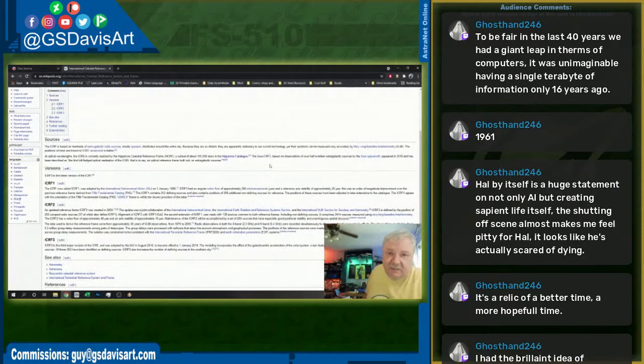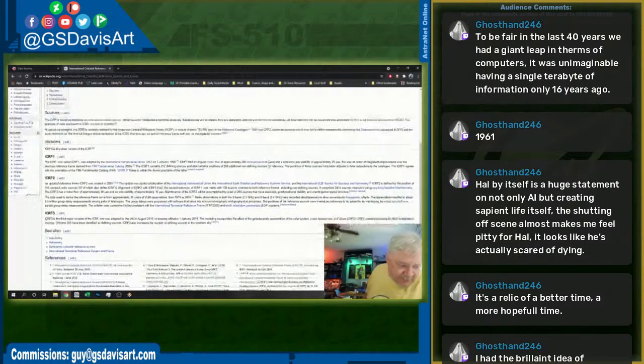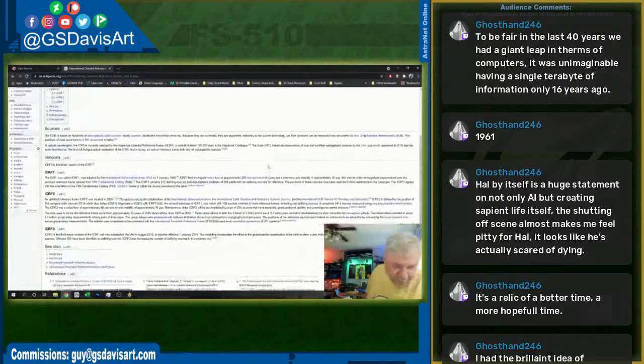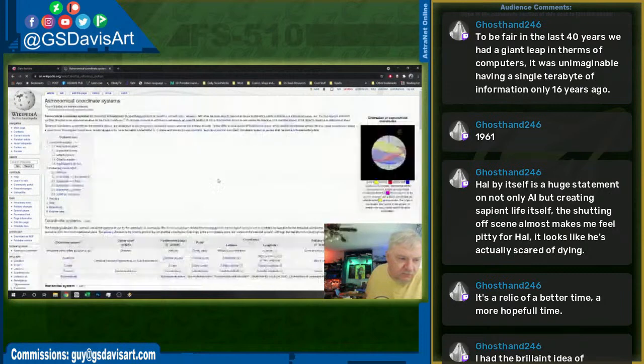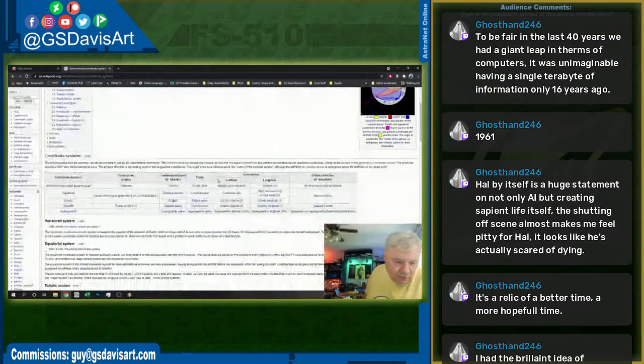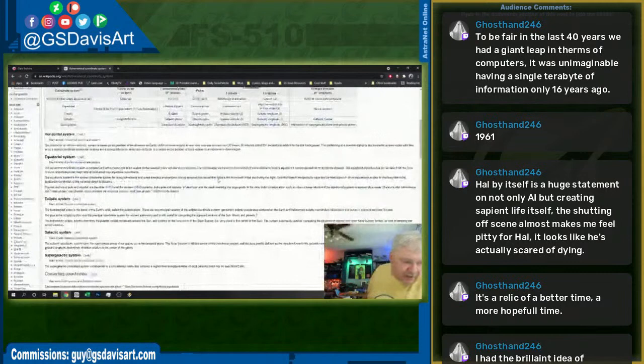All of this actually makes sense to me. I know it doesn't make sense to anybody else, but it makes sense to me. I'm just trying to figure out, because it wants me to give it information in ICRS, which is fine, but it's a computer, so it has to be exact.